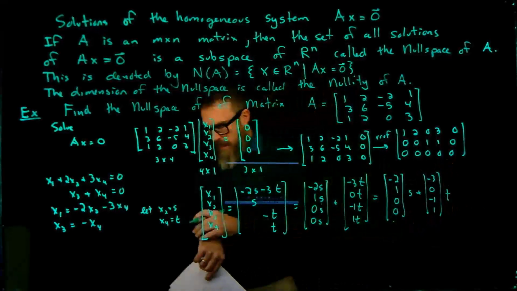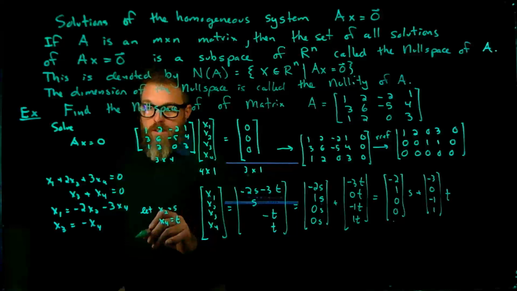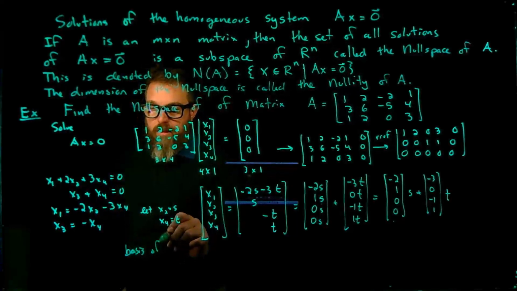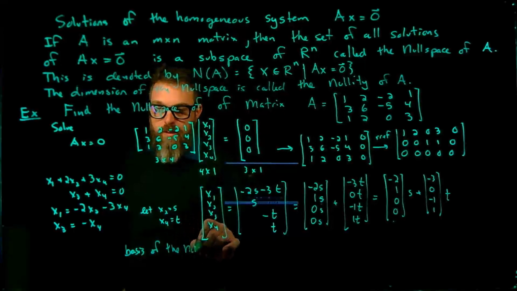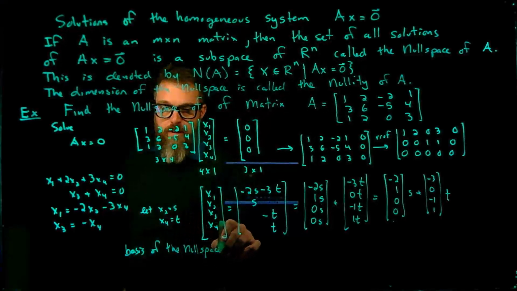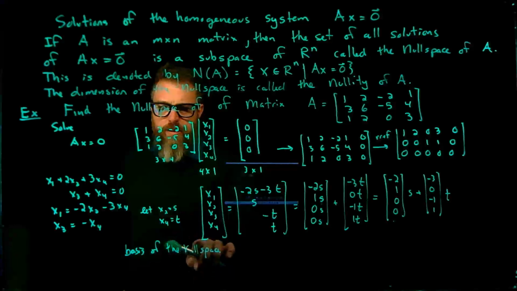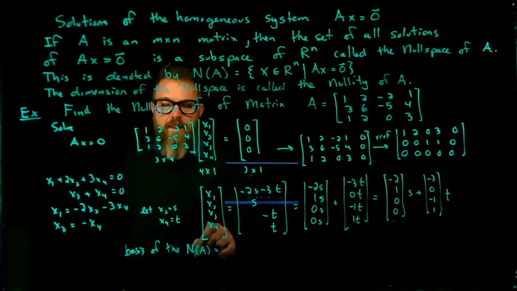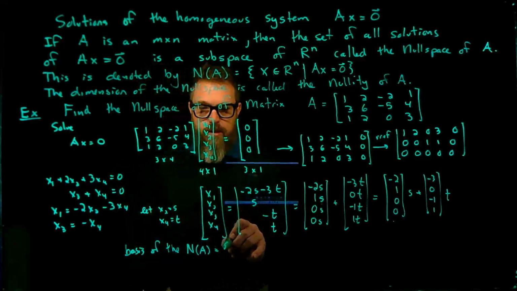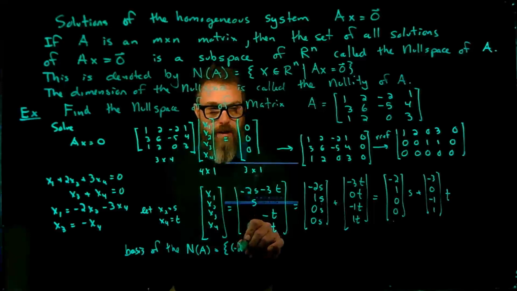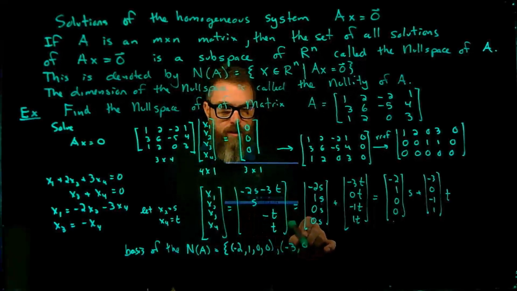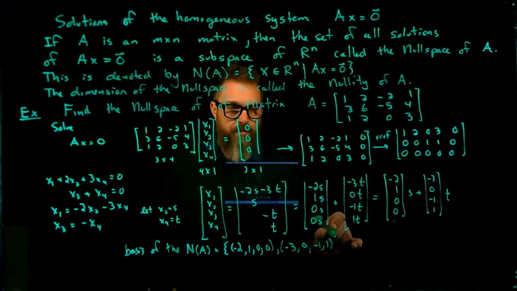So we can say that the basis of the null space of A, let's say N of A to make it short, the null space of A is equal to these vectors: [-2, 1, 0, 0] comma [-3, 0, -1, 1].